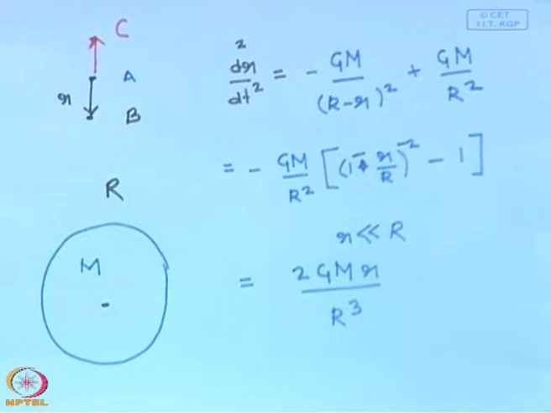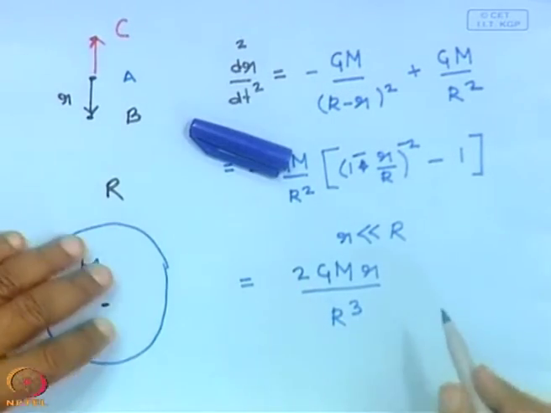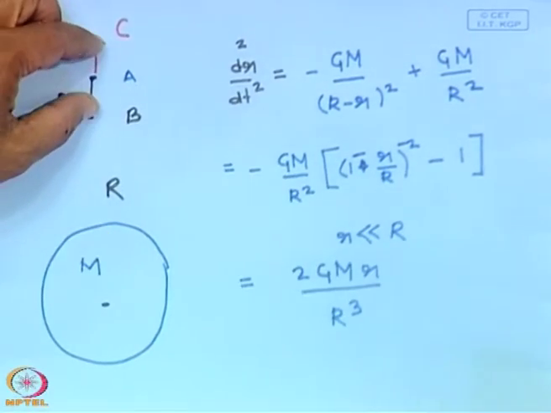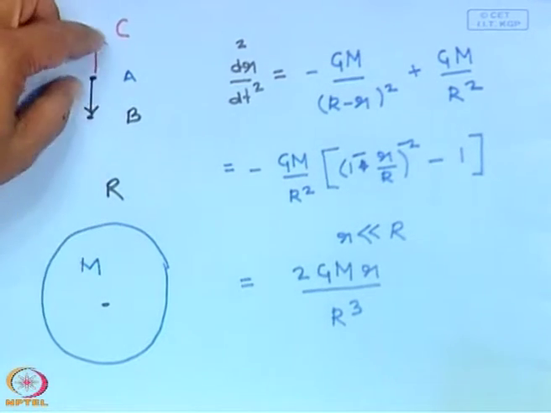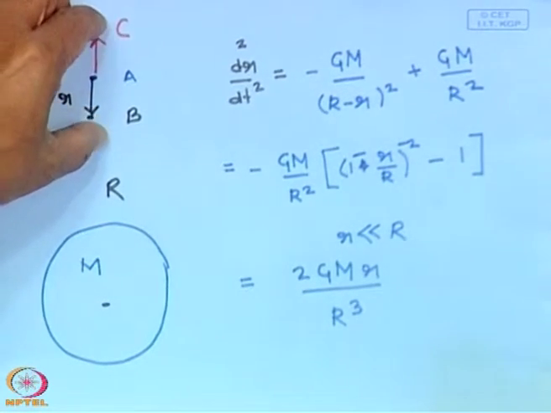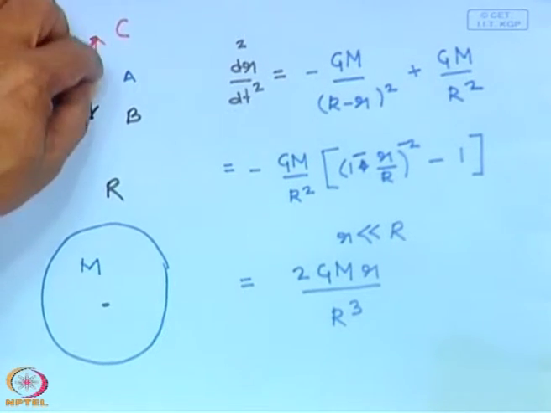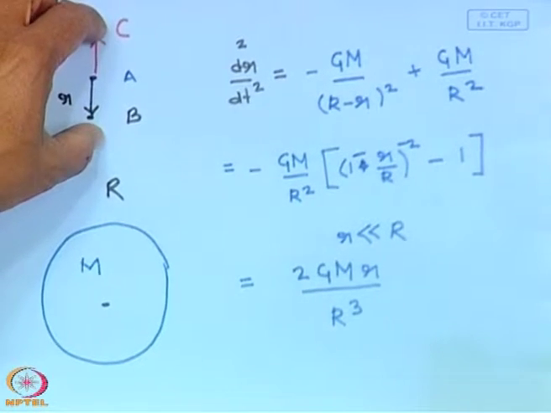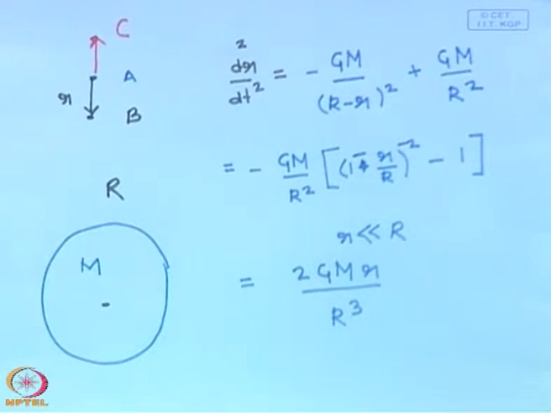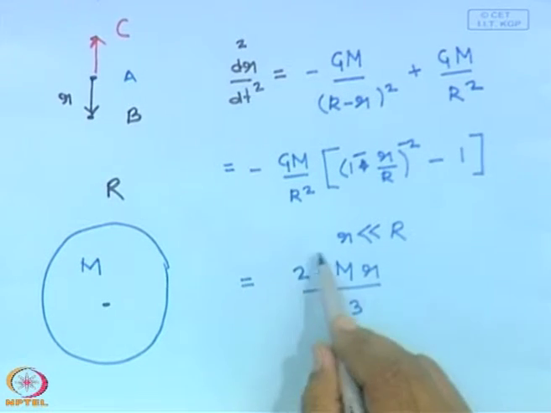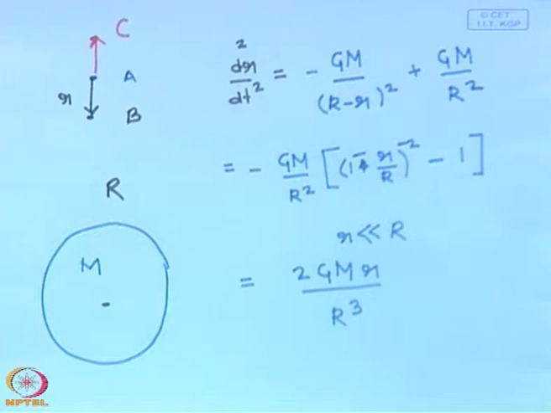Okay. So, what happens is, if I sit on A, I will find that these two test particles, which are falling in the same gravitational field, are both accelerating away from me. I am falling freely, they are also falling freely. I will see that they are accelerating away from me. Okay. And to first order in this small r by capital R, it is given by this.